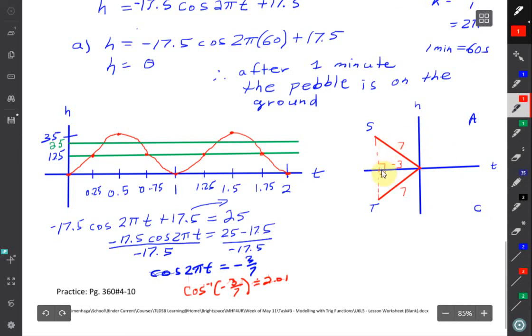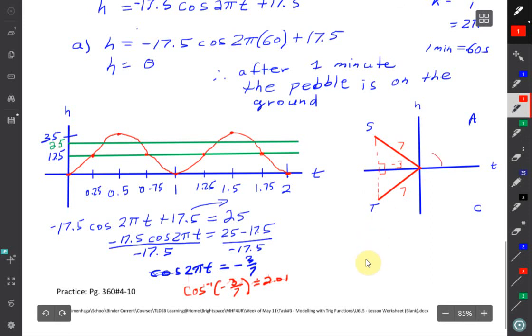Pi is approximately 3.14, and half of 3.14 is approximately 1.57. So that number is greater than 1.57, so that's greater than a 90-degree angle, so this is obtuse right here. So we have our one answer to here, which is 2.01.